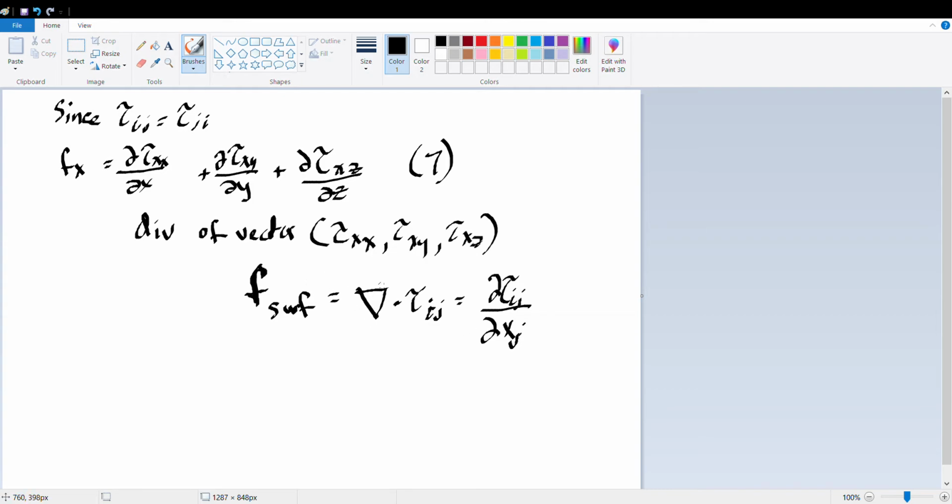So this can be summed up by this stress tensor notation. We swap indices, and that way you don't have to write three equations and three unknowns. It can all be summarized by this vector notation. We're going to call this equation 8.